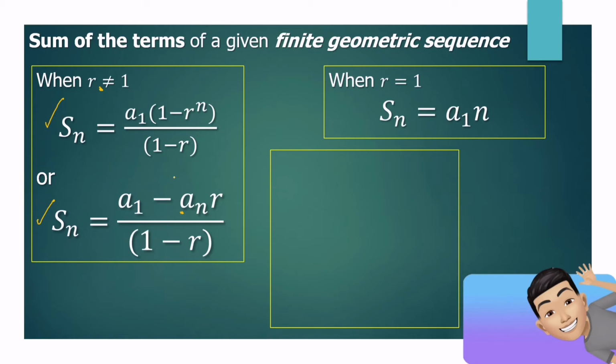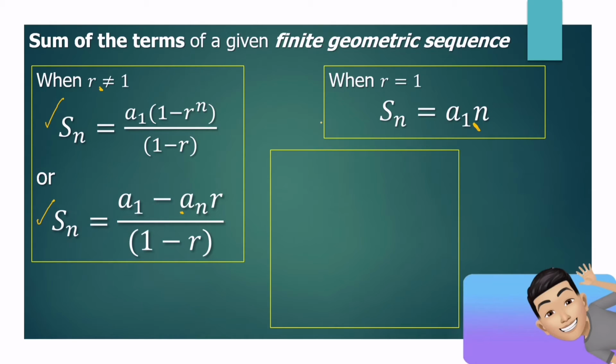Kasi kung imagine niyo, common ratio 1, paulit-ulit lang yung first term, no? So we can multiply that term by how many times, kung ilang yung terms na yon, kung i-add nga natin. 'Di ba ang multiplication ay repeated addition, no?